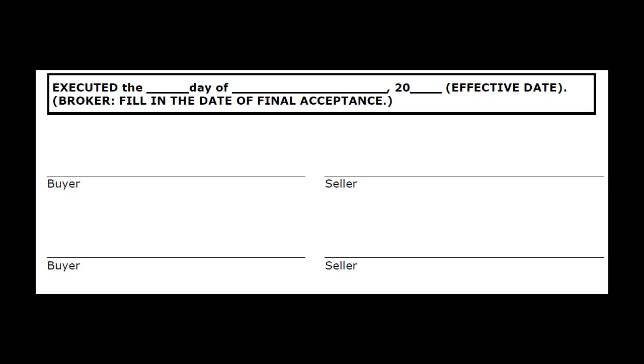But in the transaction, the objective is serving your client's best interest and reaching an agreement. So if one party or the other isn't available to sign, then sometimes the question will come about, well, who really has the authority to sign this contract? If you got a husband and wife and the husband can't be there, can the wife sign for the husband?